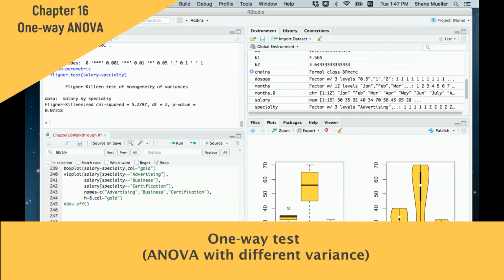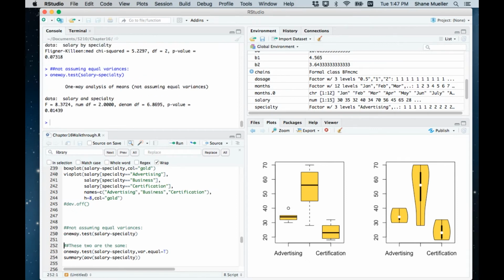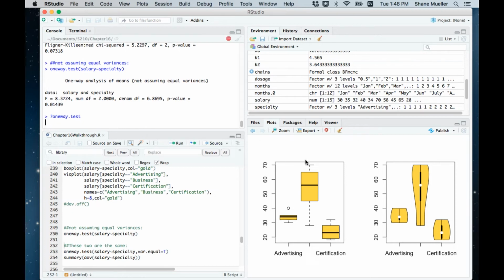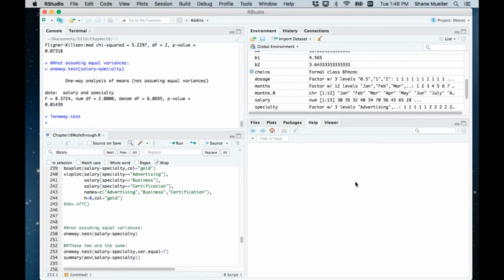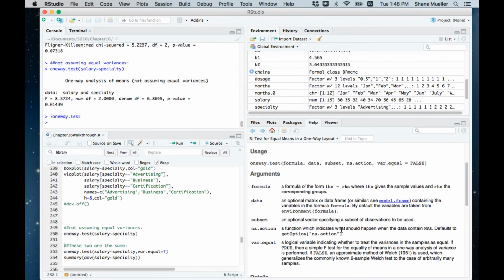Well, just like the t-test has the Welch version, which doesn't assume equal variances, you can do Welch's one-way ANOVA, which is embedded within the oneway.test function. You give a formula and data, and this will do a one-way ANOVA, but won't assume equal variance.